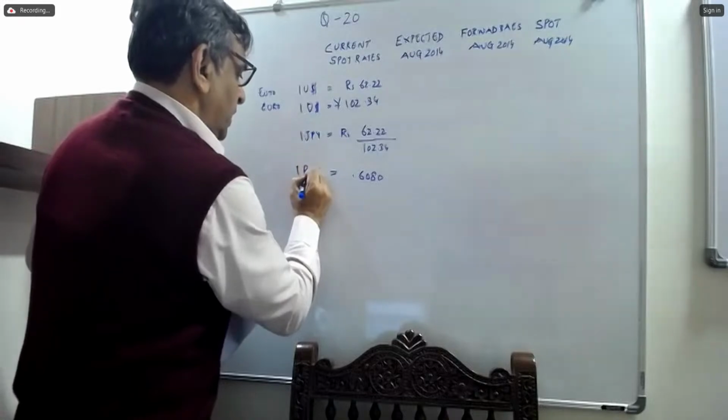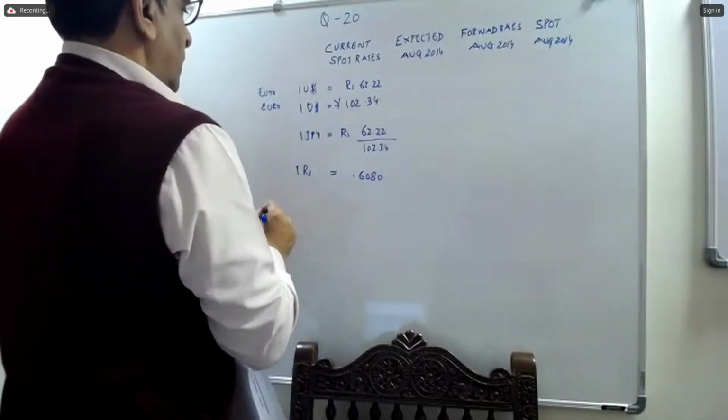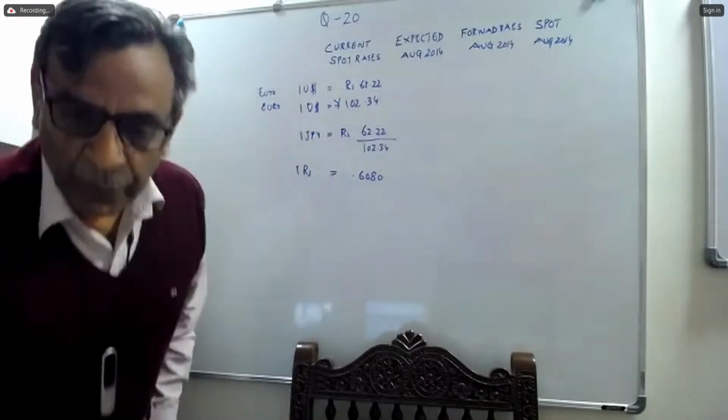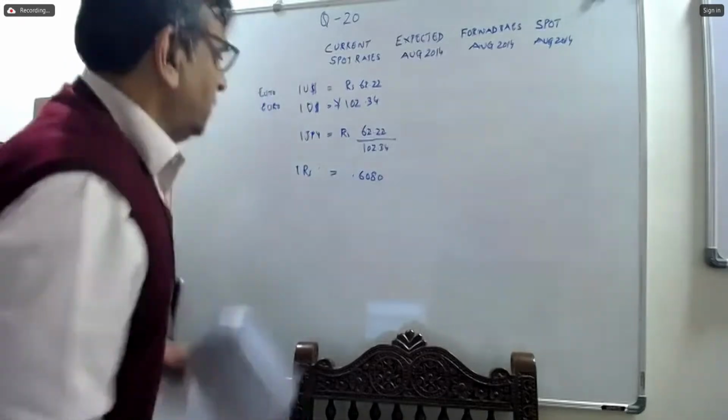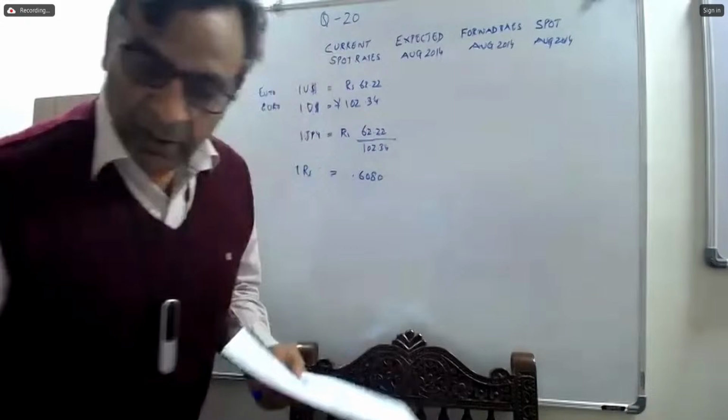So here I will say that 1 Japanese yen will be equal to rupees 0.06080. I think I'm making a mistake.